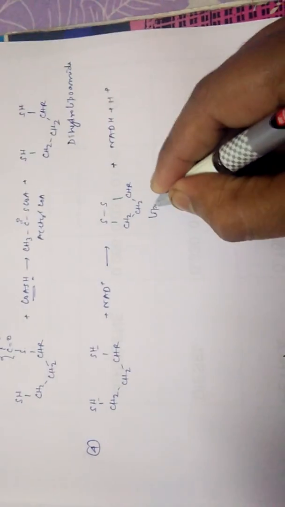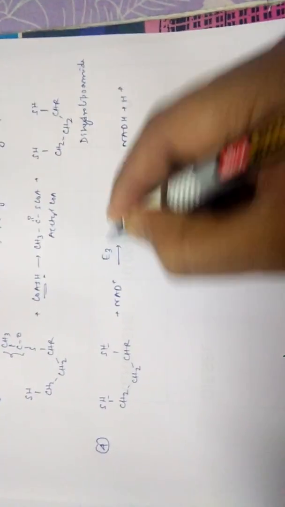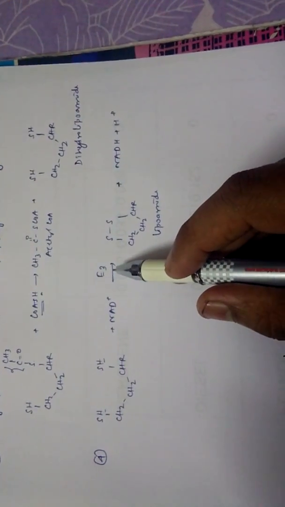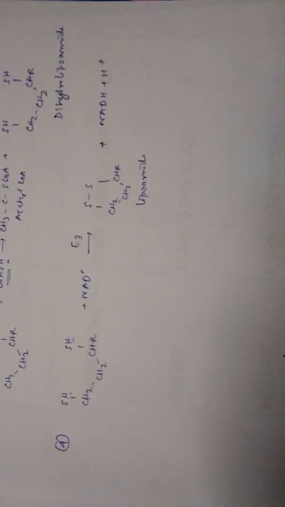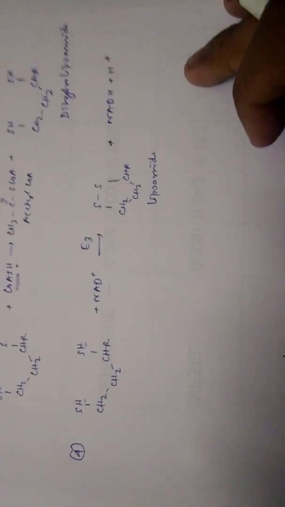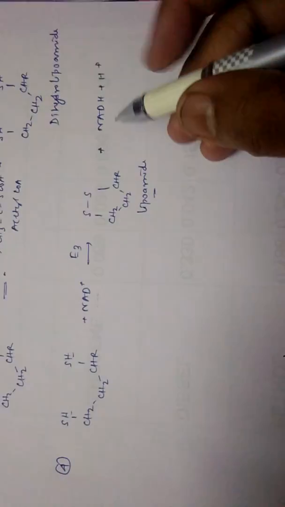So this is the lipoamide. This particular reaction is catalyzed by dihydrolipoyl dehydrogenase. Any reaction where we are using NAD or FAD, then there must be a dehydrogenase enzyme. So this reaction is a dihydrolipoyl dehydrogenase catalyzed reaction. So this lipoamide can be used further.